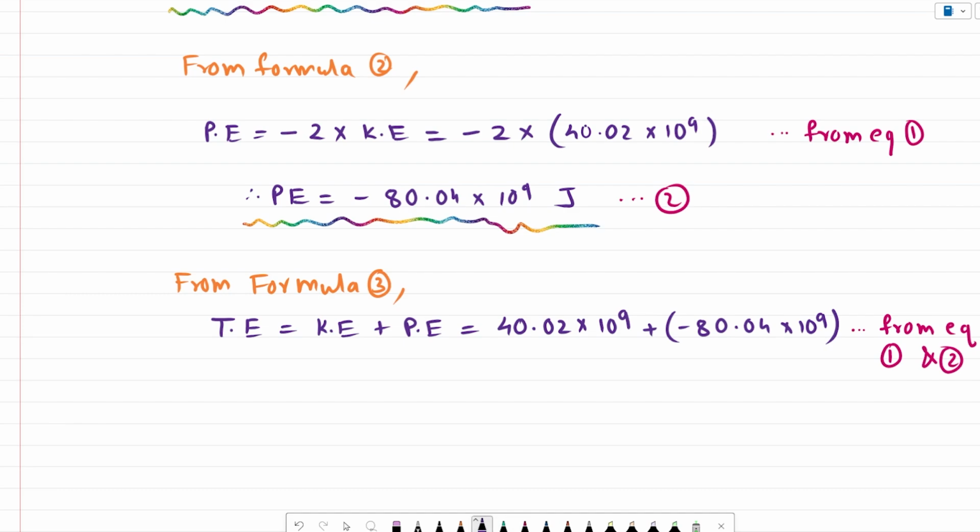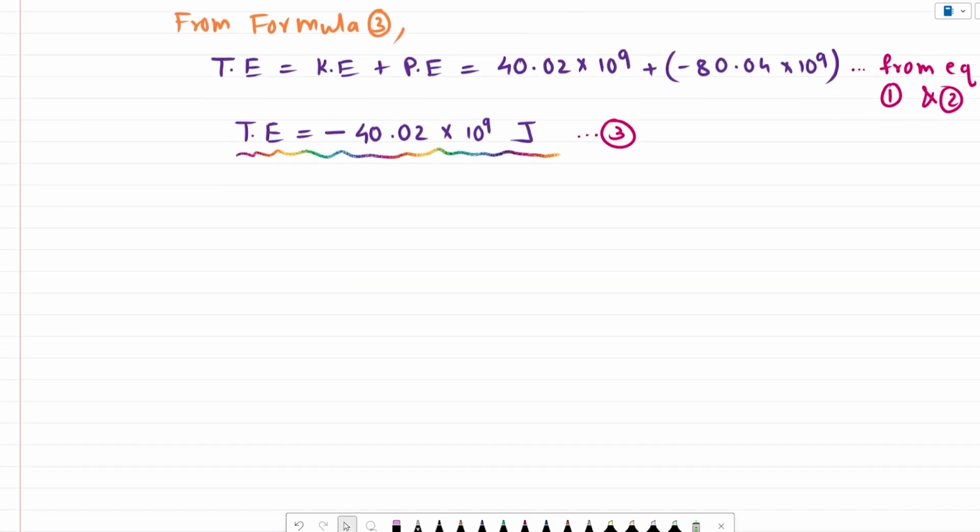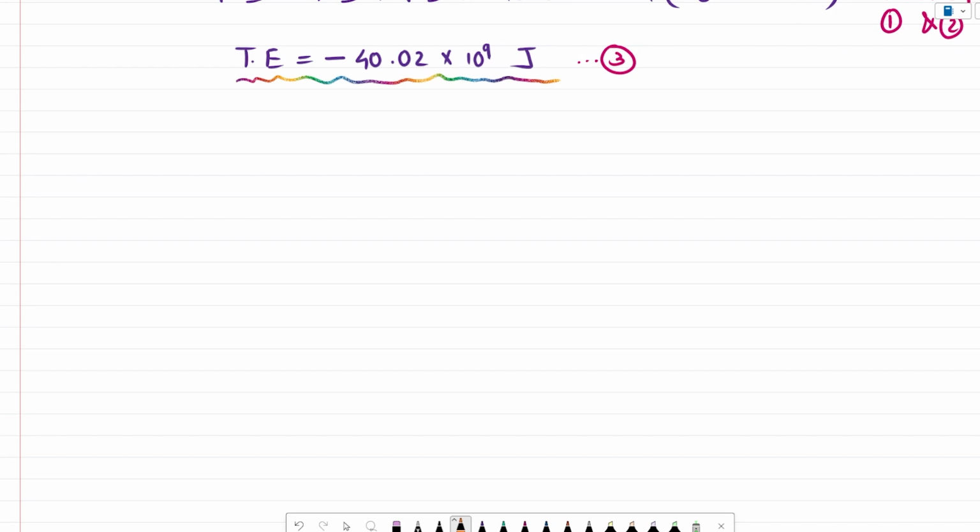And if we perform this addition, total energy of the satellite comes out to be minus 40.02 into 10 raised to 9 joules. So this is the third energy that was asked in the numerical, and I'll mark this as equation number 3. And let us now quickly calculate the fourth and the final energy.